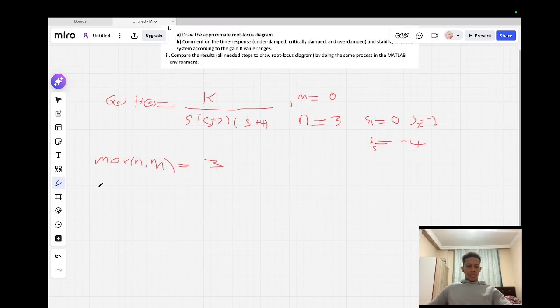After that, we need to find the number of asymptotes. It's equal to n minus m, which is 3 minus 0. It's equal to 3.